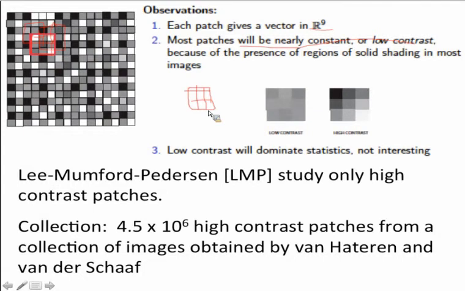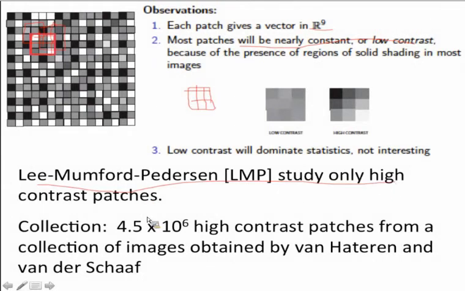If you try to study these 3 by 3 patches, we want to throw out the boring ones because they will dominate. Most of them will be low contrast and boring, and we don't want them to dominate our data, so we throw them out.